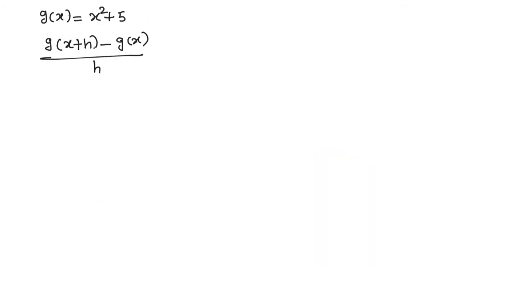Last question, we need to find g of x plus h minus g of x, whole divided by h. So g of x we know that is x square plus 5. G of x plus h, that is replace this x with x plus h. G of x plus h is x plus h whole square plus 5.